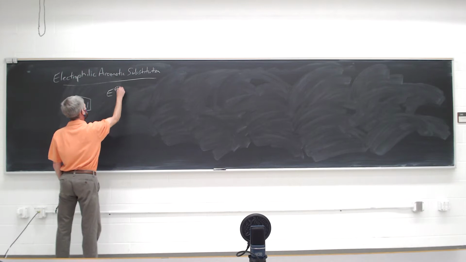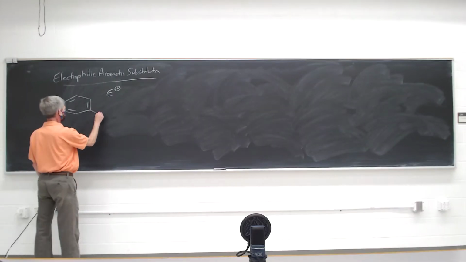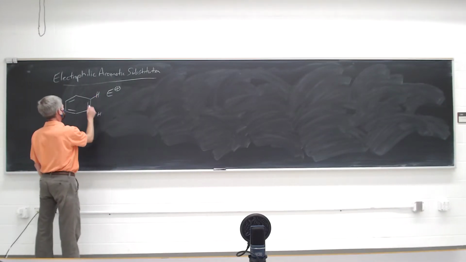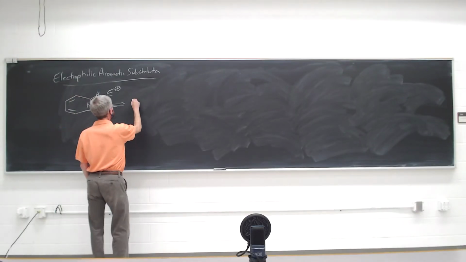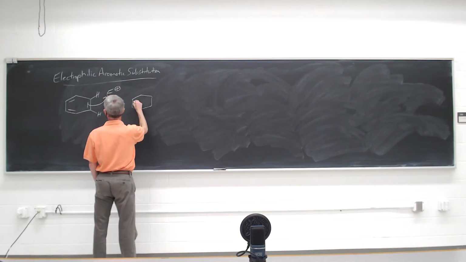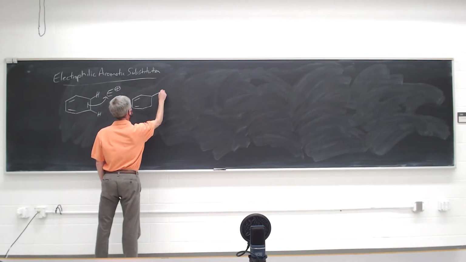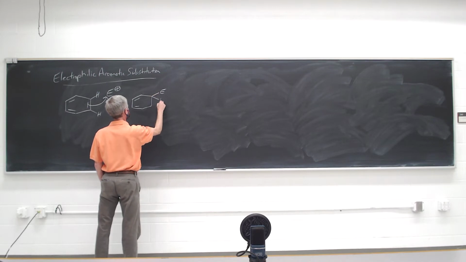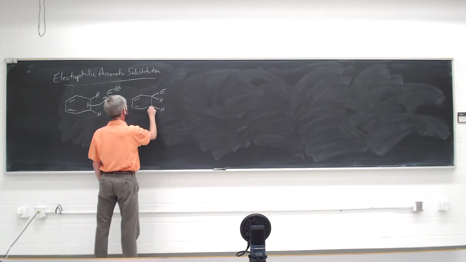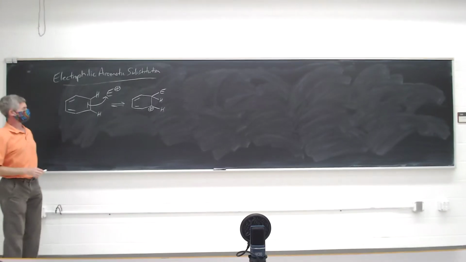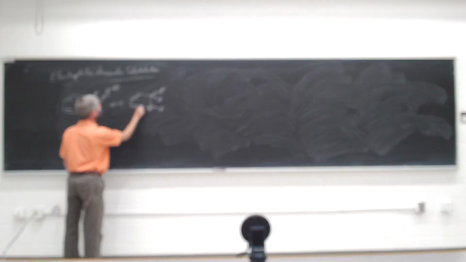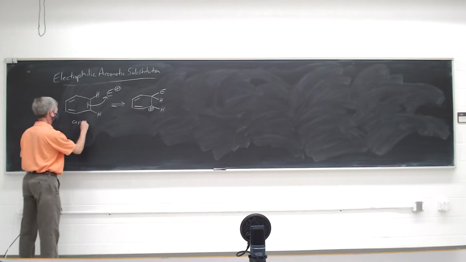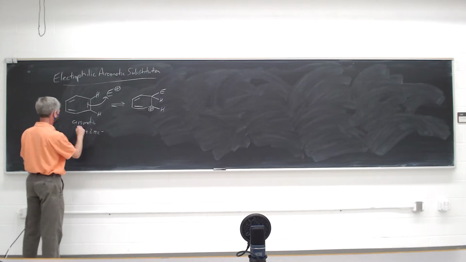So fundamentally what you're going to do is take the electrophile and attack it with a pi bond, form a bond to the electrophile, and put a positive charge on the carbon. That's resonance stabilized, but it's no longer aromatic. And this is aromatic. That's 4n plus 2 pi electrons. That's a closed shell.